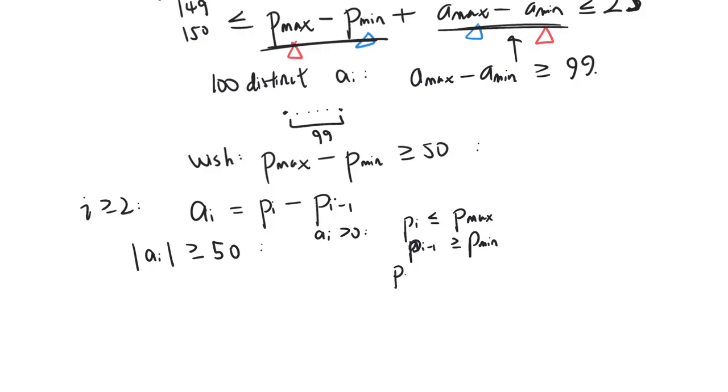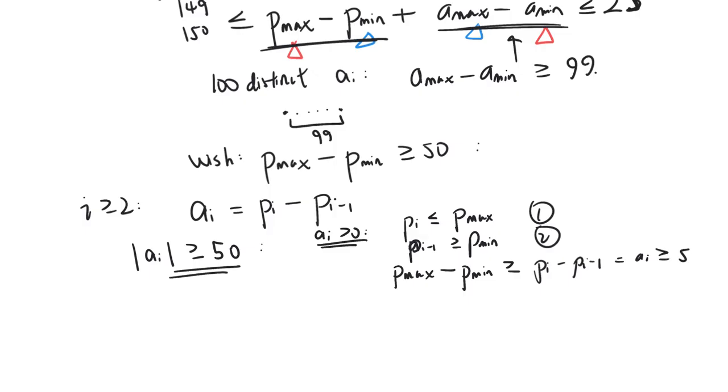Subtracting, we know that P max minus P min is greater or equal to PI minus PI minus 1, which is equal to AI. And since AI is positive and its absolute value is greater or equal to 50, this is greater or equal to 50, which is what we wish to show here.